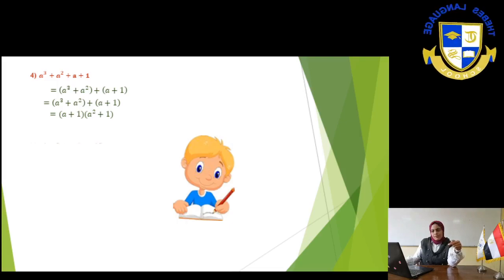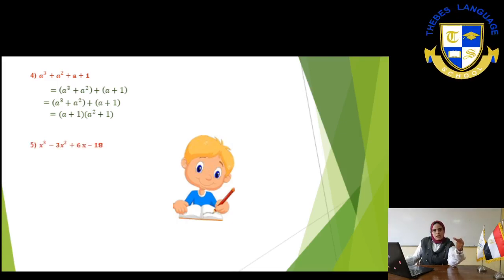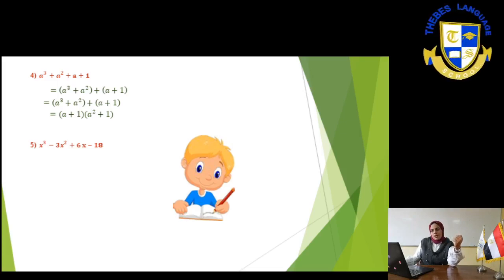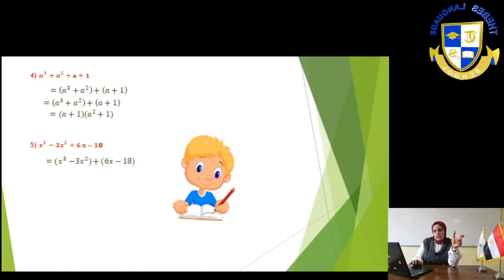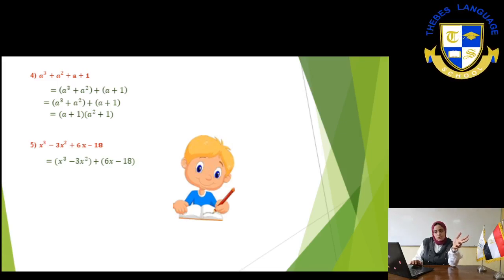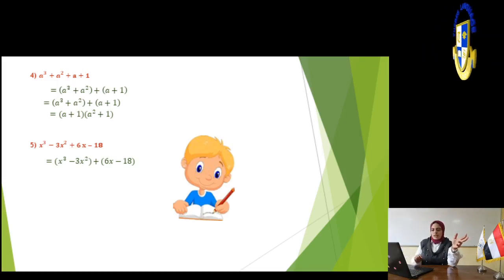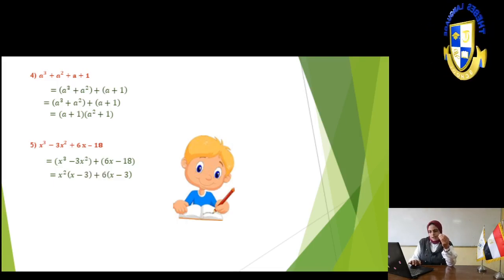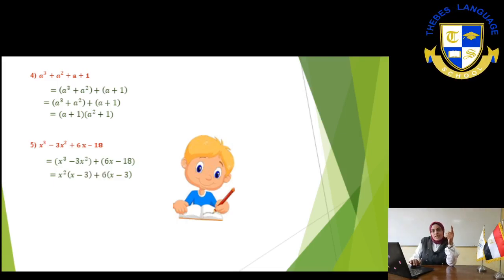Number 5, x power 3 minus 3x power 2 plus 6x minus 18. We will divide the expression into x power 3 minus 3x power 2, plus 6x minus 18. We will take x power 2 as a common factor to have x minus 3, plus we will take 6 as a common factor.